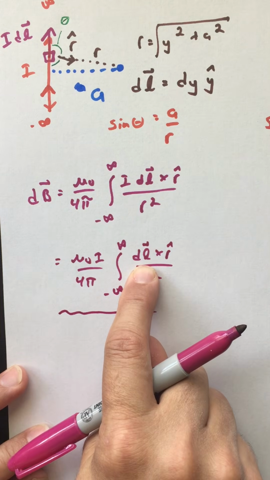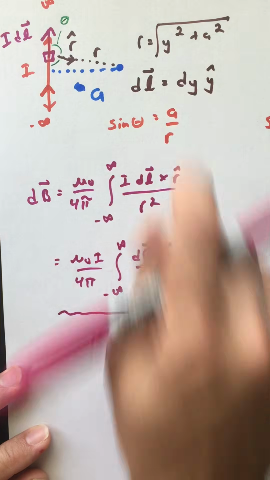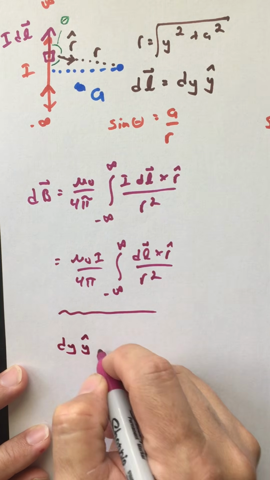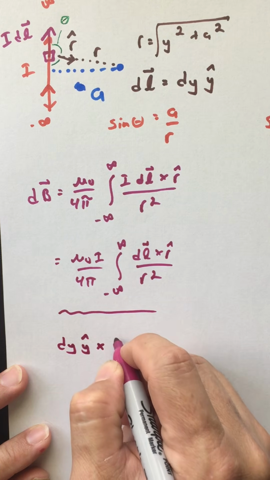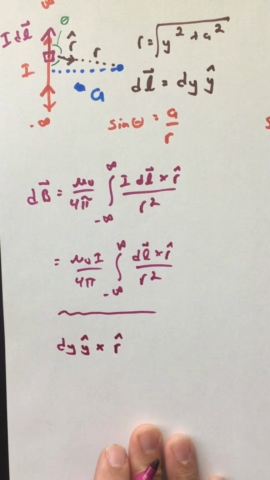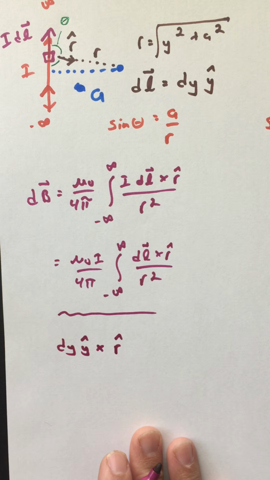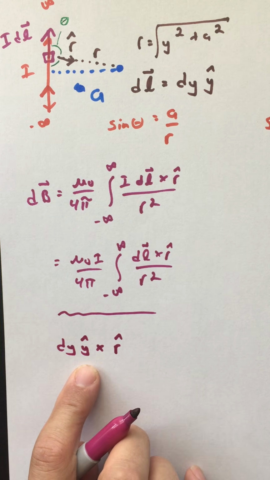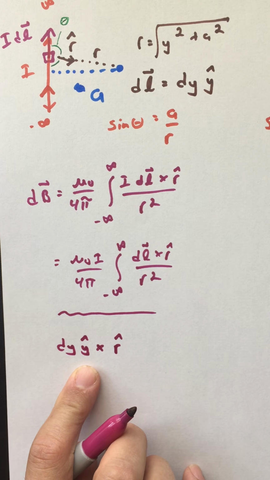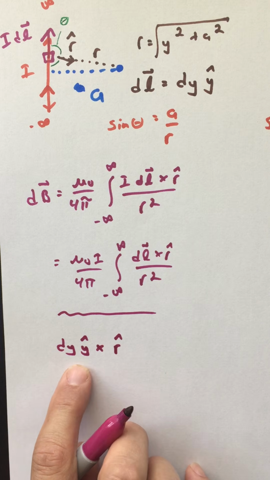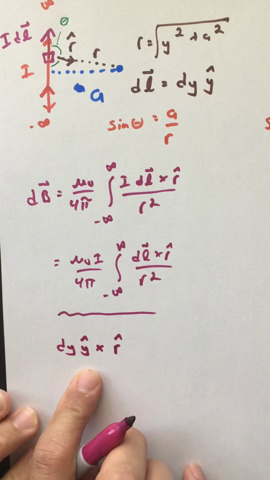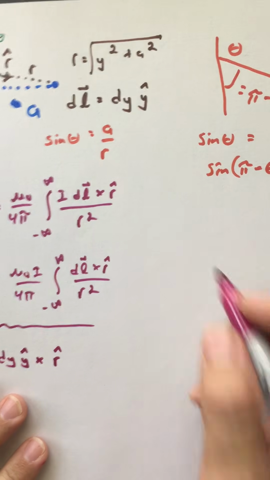dl I've already characterized as dy y hat, cross r hat. Now, my strategy here is going to be to write this cross product as its magnitude from the definition of a cross product times its direction from the right-hand rule. What in the world do you mean by that? Well, remember, I will go over the margin for this.